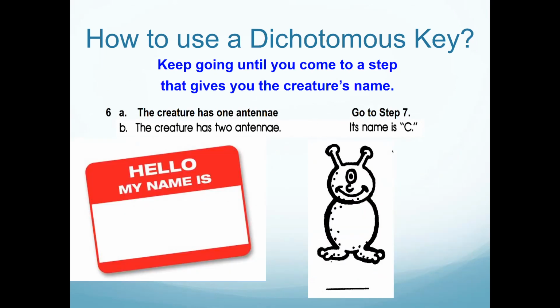We're going to keep going until we get to a stopping place where it gives us a name. At step 6, again it says that the creature has 2 antennae, which is true, so its name is C. So this is the sea alien.